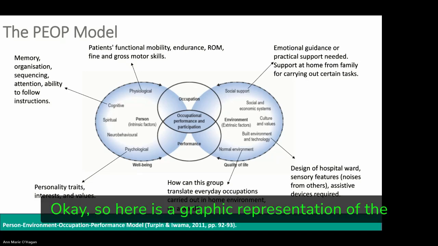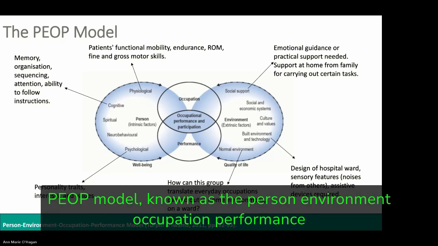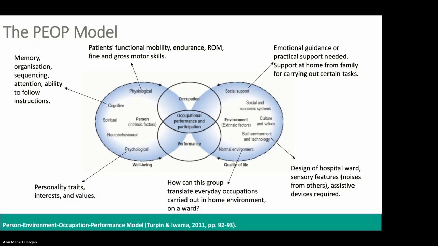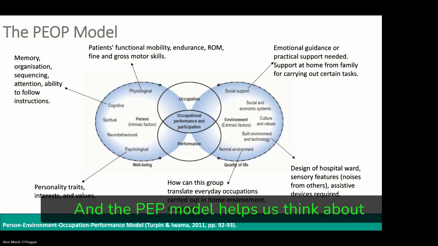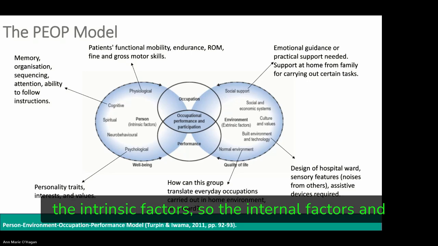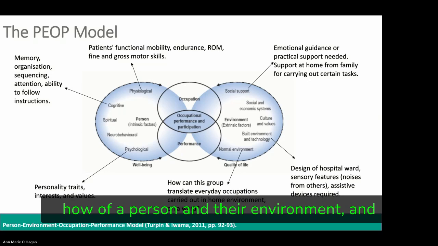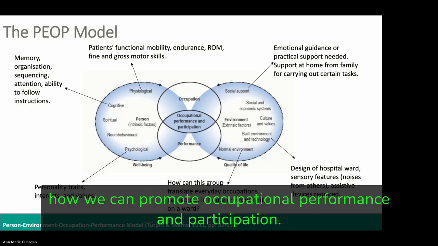Okay, so here is a graphic representation of the PEOP model, known as the Person, Environment, Occupation, Performance model, which is from Turpin and Iwama, 2011. And the PEOP model helps us think about the intrinsic factors, so the internal factors, and the extrinsic factors, or the environmental factors, of a person and their environment, and how we can promote occupational performance and participation.